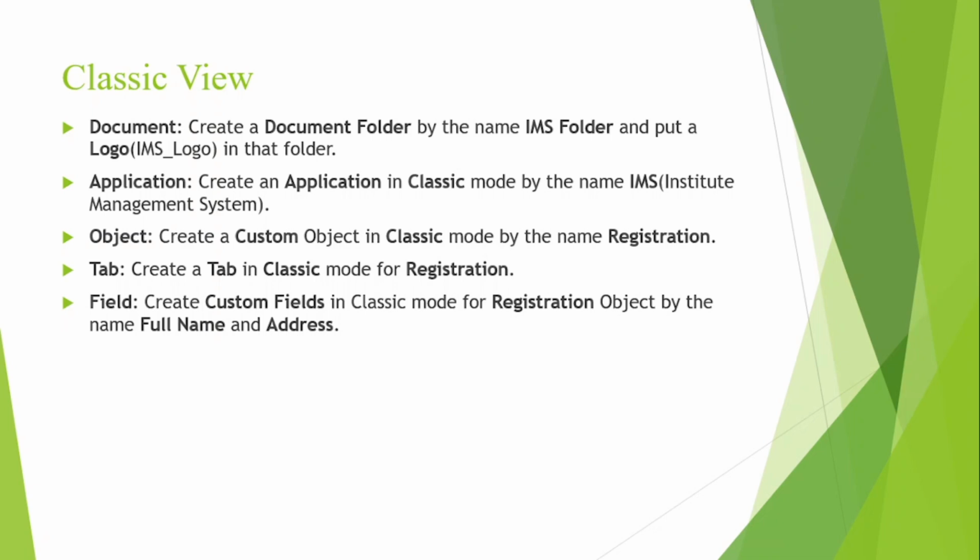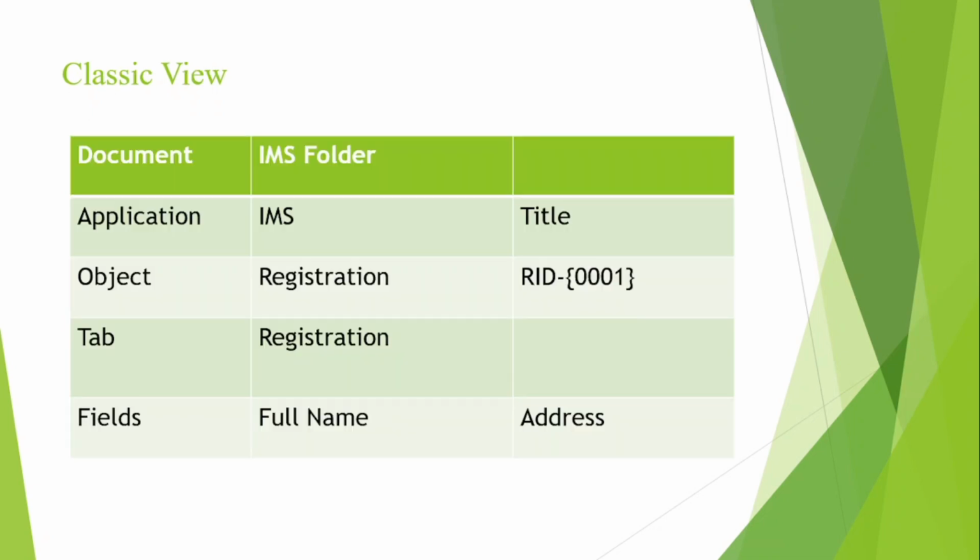Again, for that particular object we are going to create a field or a column. So creating a custom field in classic mode for the registration object. Here I am taking only two field names, that is full name and address. So this will be the view.